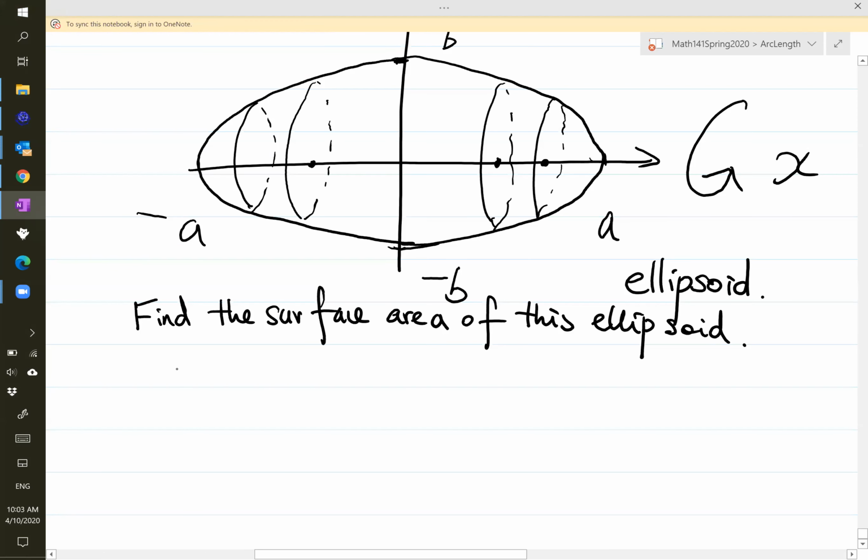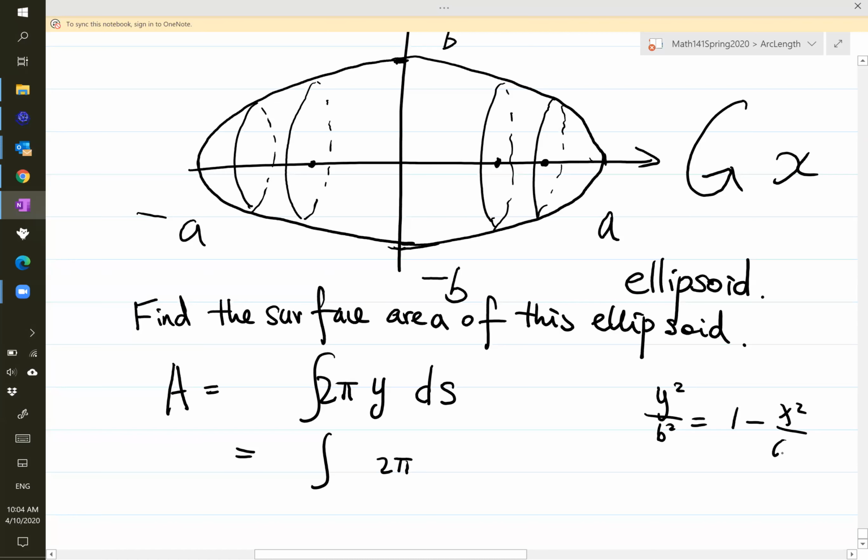So what do we get? The surface area A is the integral of 2 pi y times the arc length element. Remember, y squared over b squared, you move terms, so y is b over a times the square root of a squared minus x squared.